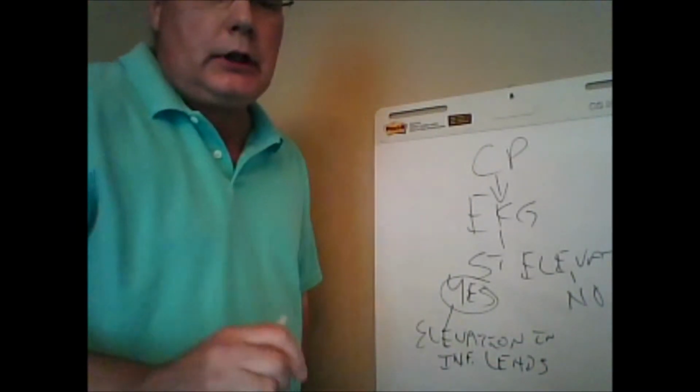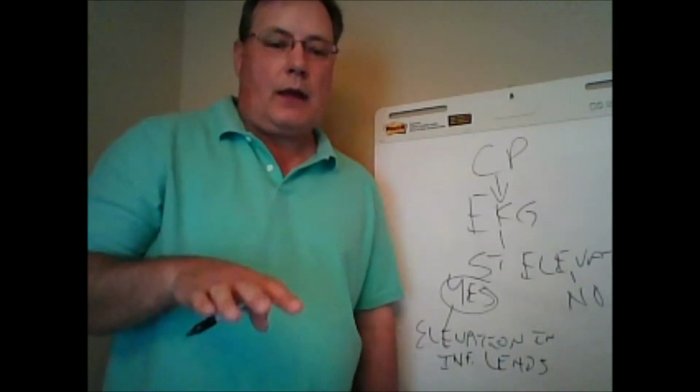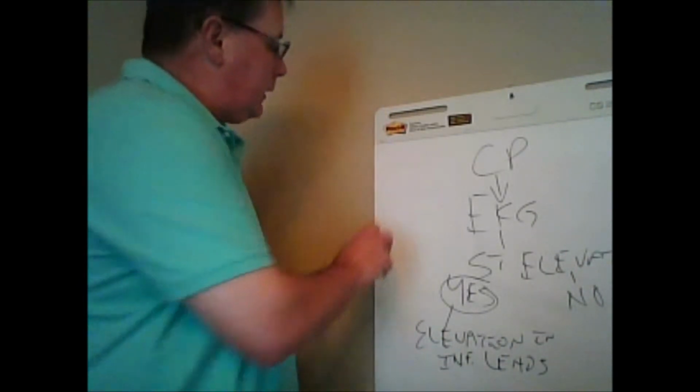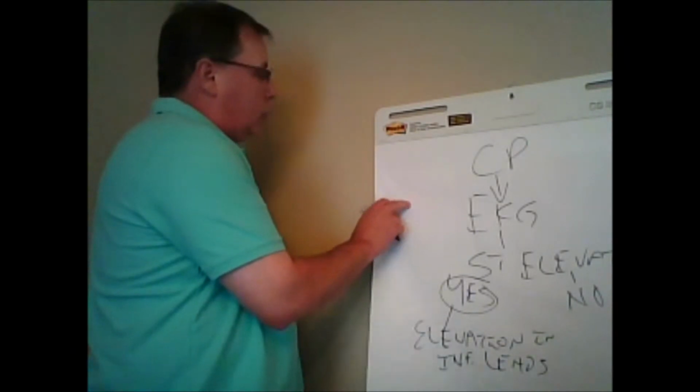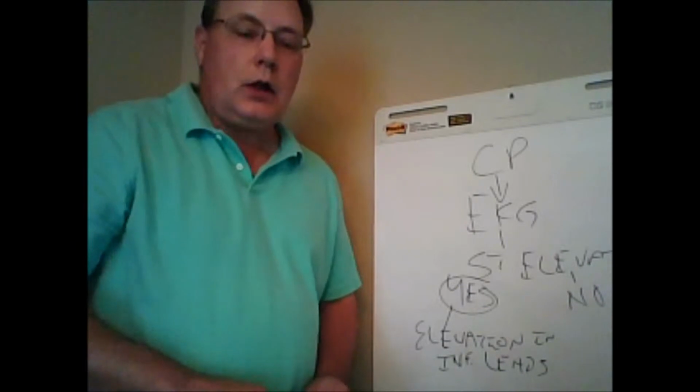When you look at the EKG, that's going to be lead 2, lead 3, and lead AVF. So if you have elevation in those leads, then you're going to need to do a right-sided EKG to see if there's right ventricular infarct.